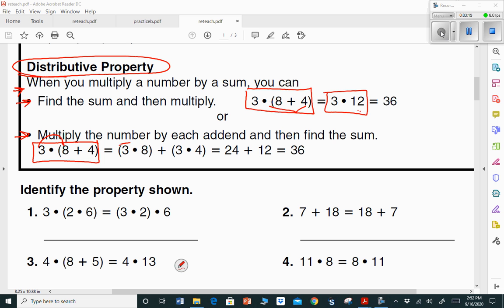You can do 3 times 8, that's this right here, and then 3 times 4, that's this right here, and then add them. 3 times 8 is 24. 3 times 4 is 12. And 24 plus 12 is 36. So it's 2 different ways to do the same problem. This one involves using the distributive property more. It will be useful eventually, even if you don't see it now.